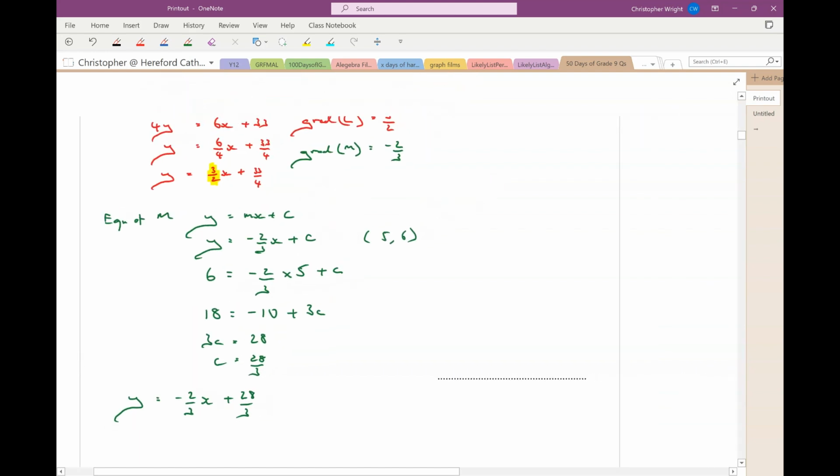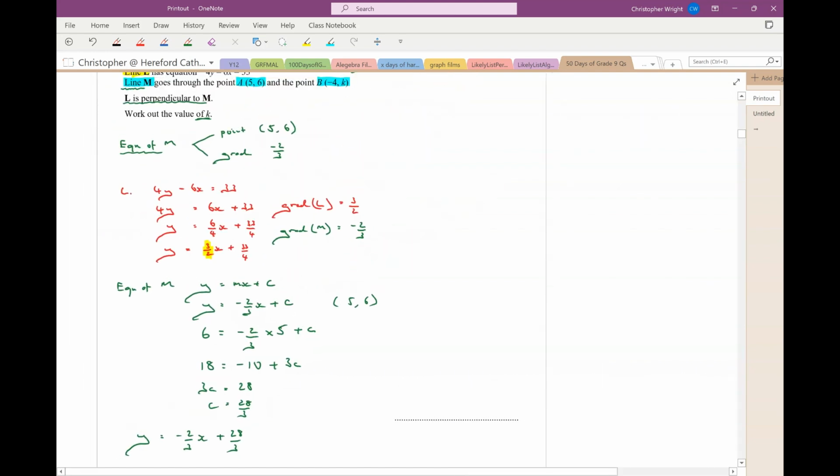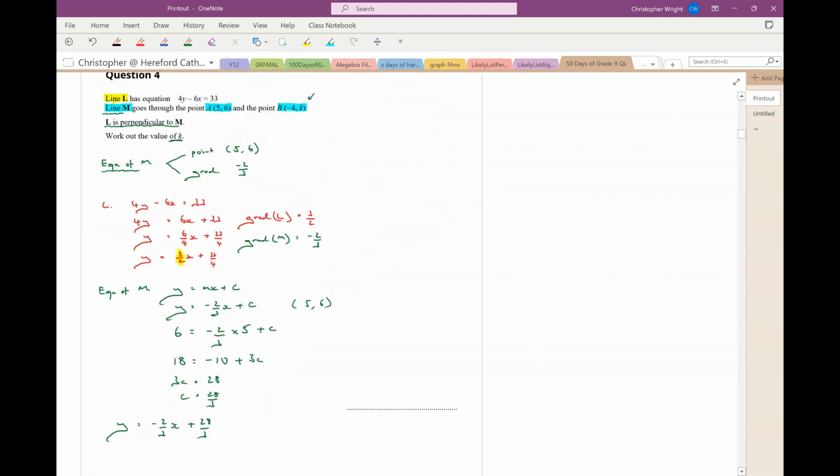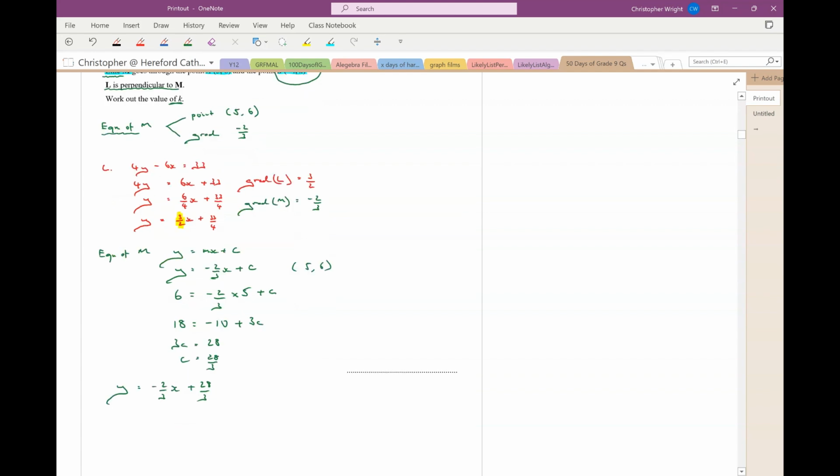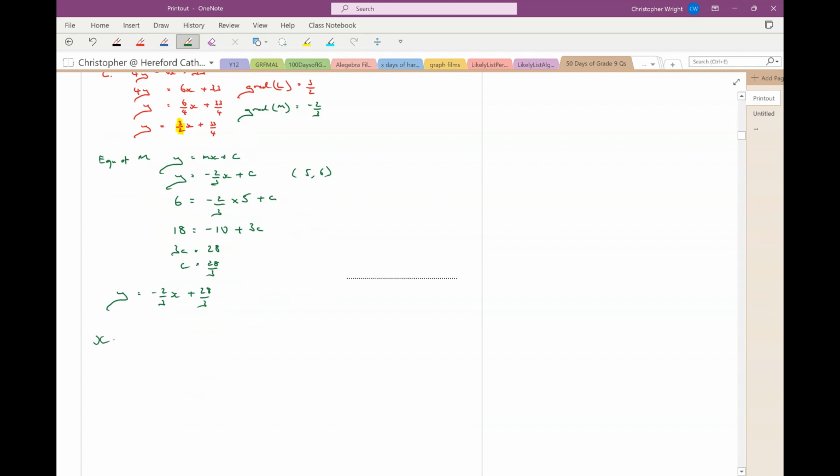Now what was the question? The question was find k. And k is the y coordinate when x is minus 4. So let's put x as minus 4 in here, shall we? Let's use the equation of the line to find out what y would be. It's going to be minus 2 times minus 4 over 3 plus 28 over 3.